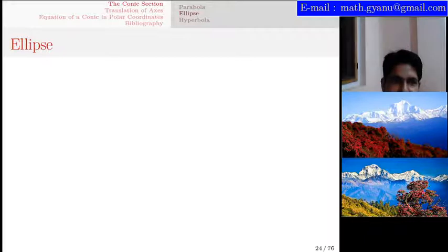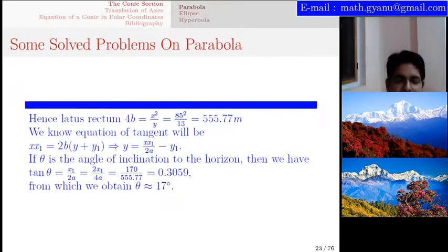Now we'll start another section, ellipse. Before starting ellipse, I again suggest you remember how to define a cone, when a parabola, ellipse or hyperbola comes, and the different types of parabola and their components.